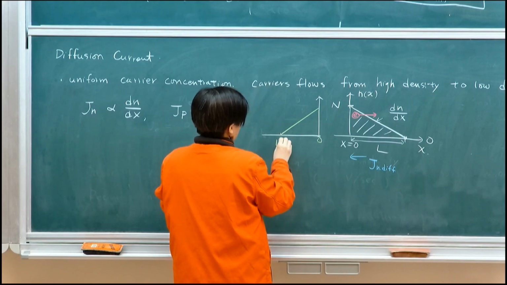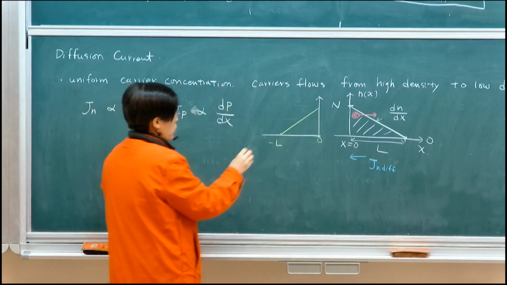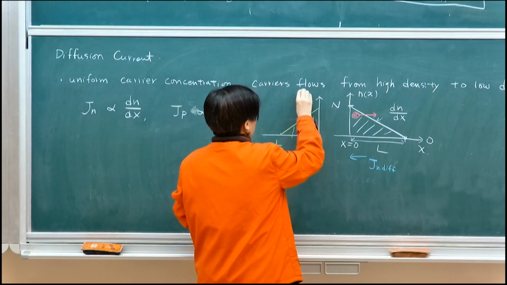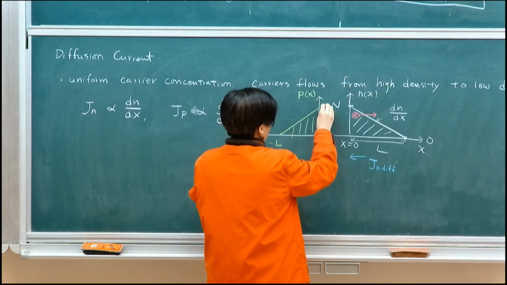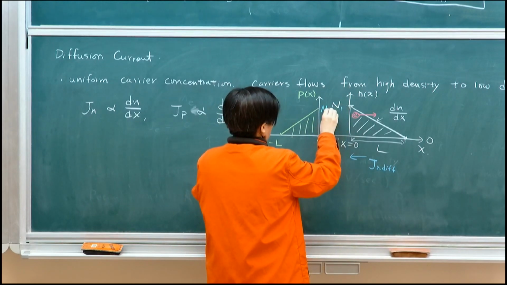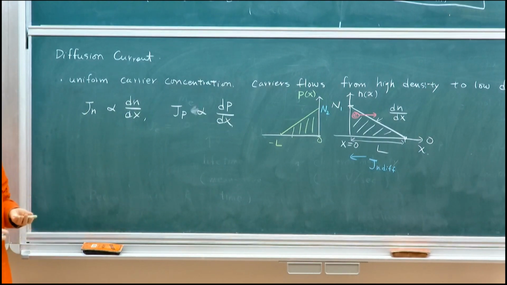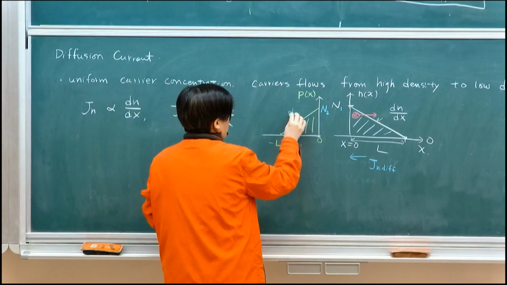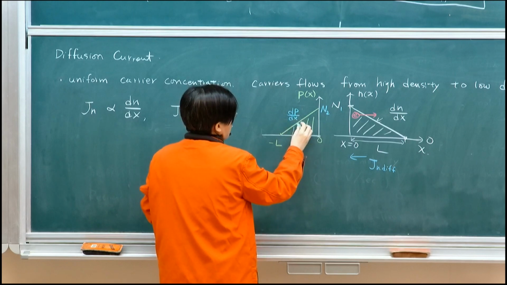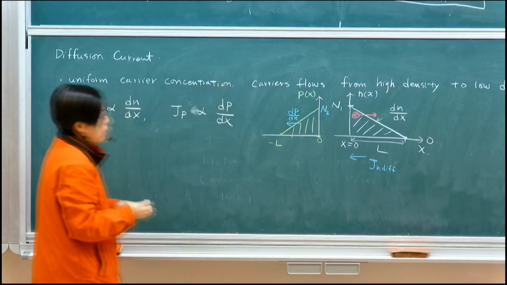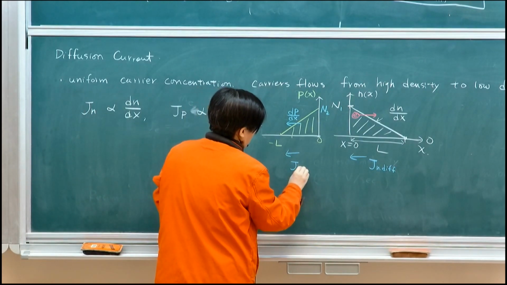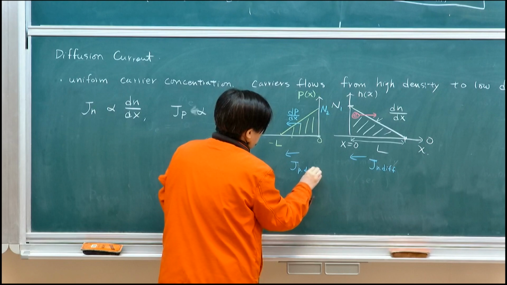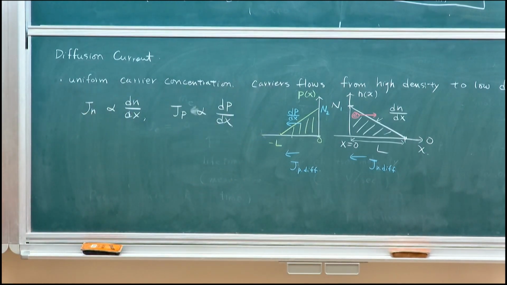Let's assume this is the profile of p as a function of x, going from a level n1 to n2. Then you have a dp/dx which is positive, but the carrier is moving in this direction. The hole current is moving in the same direction because it's positively charged. So the positively charged holes will move in the same direction as the diffusion direction.